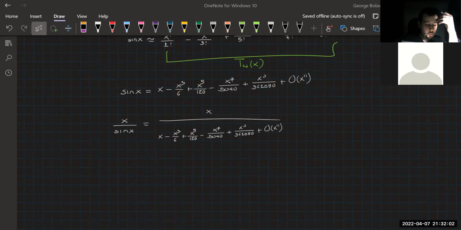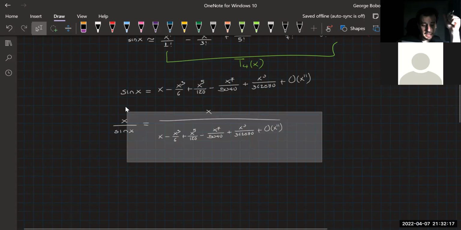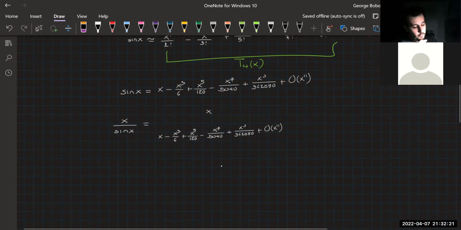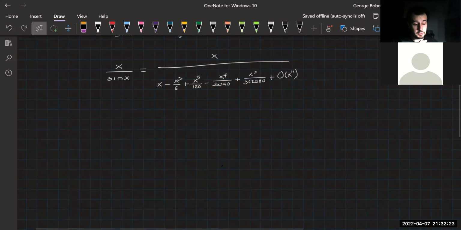Basically, we can do the long division here if we want to. I hate doing long division, but you kind of have to when you're dealing with this kind of situation. So if we did long division right now, take a look at what would happen here.